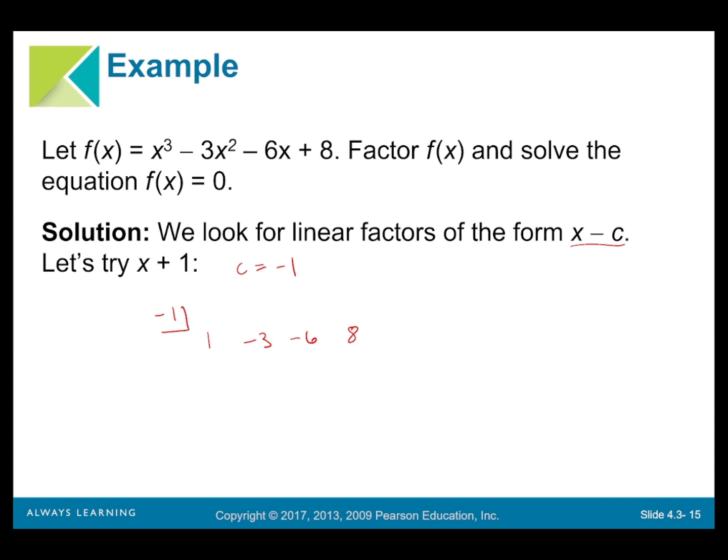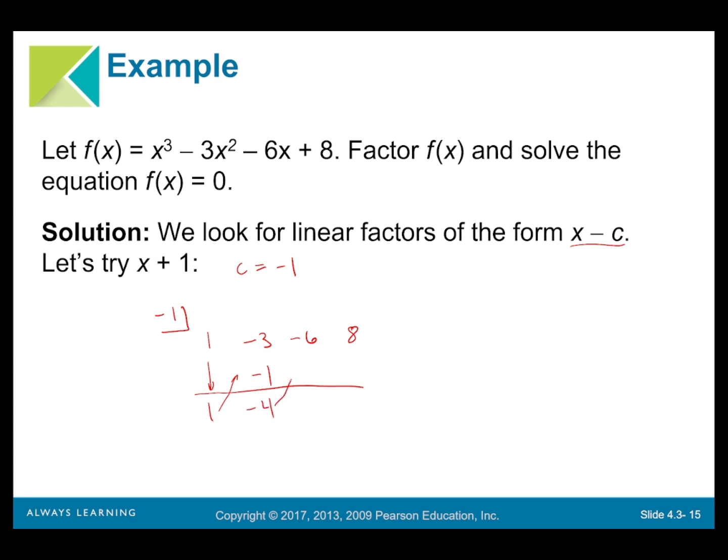Then we leave ourselves space for a row, and we write our bar. Now we drop our 1 first, and then we do 1 times negative 1, which is negative 1. Negative 3 and negative 1 is negative 4.